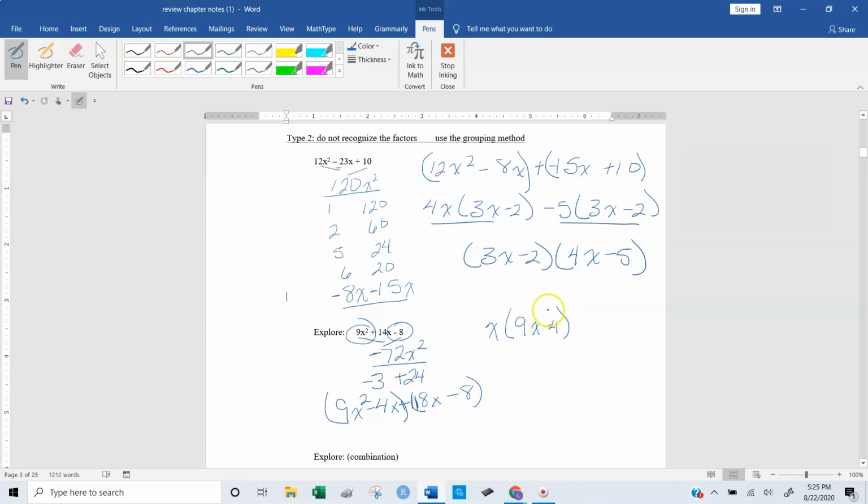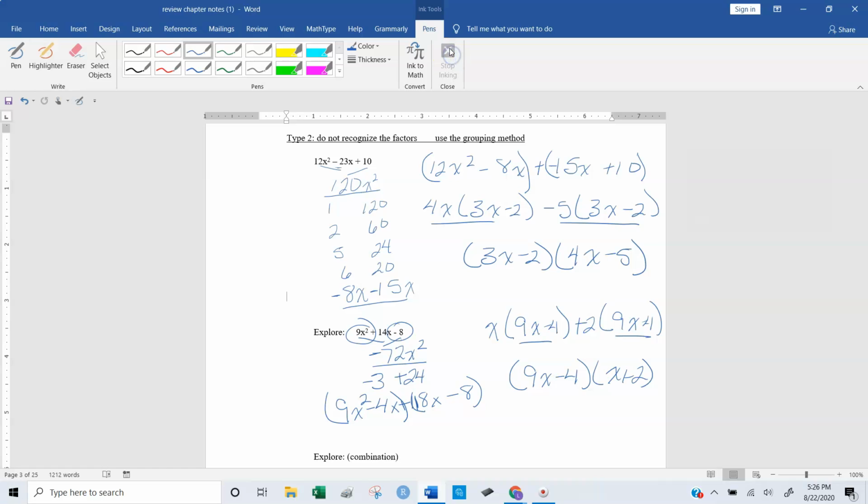My second set, what does it have in common? Really only a 2. So I bring out a 2, but I still get 9x minus 4. So even though they weren't pretty to begin with, my factors still match. So I can factor out my common factor, which is 9x minus 4, leaving me with x plus 2. And now that's completely factored.